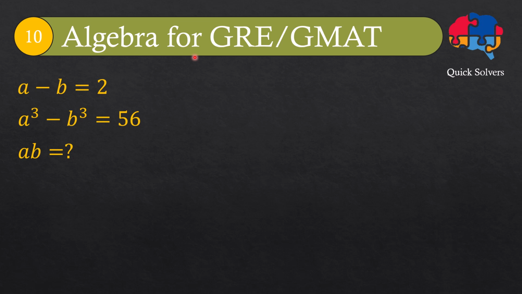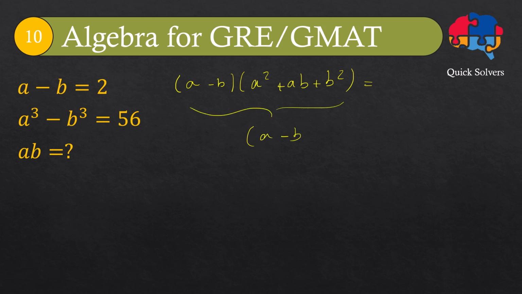Well, here we have a cubed minus b cubed equals 56, and we know that we can write a cubed minus b cubed as a minus b times a squared plus a times b plus b squared. So this is actually a cubed minus b cubed, okay? And this is 56.